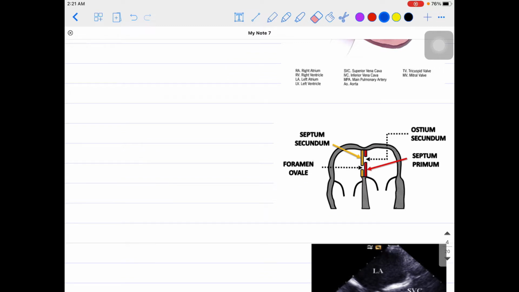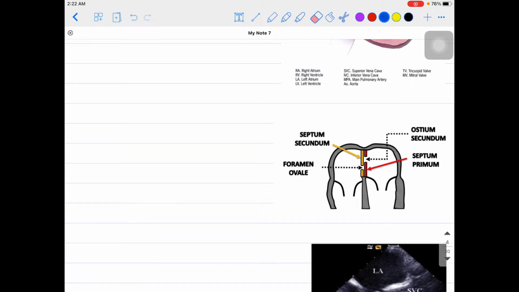This is physiological, and this is before birth. Before birth, how is the blood flowing? In the adult everyone knows how the blood flows, so I'm not going to explain that. But in babies, in intrauterine life, how does the blood flow?